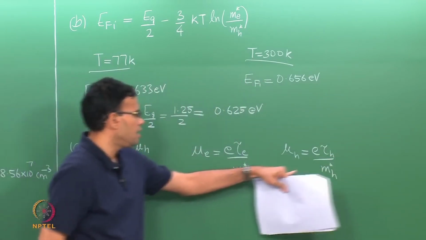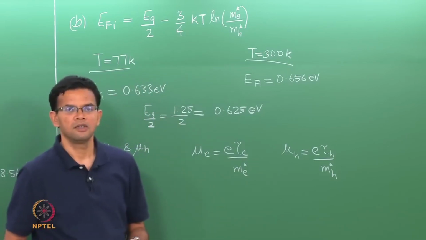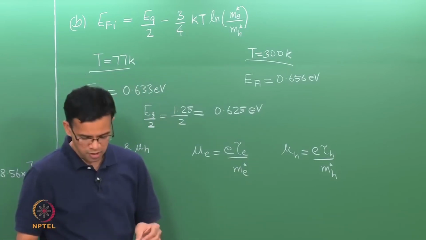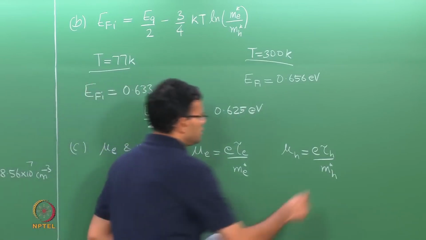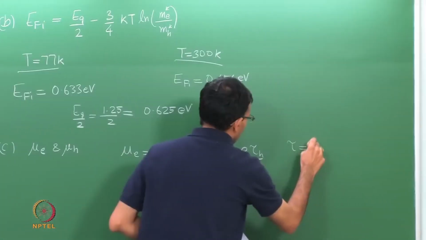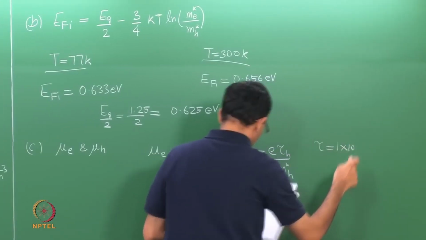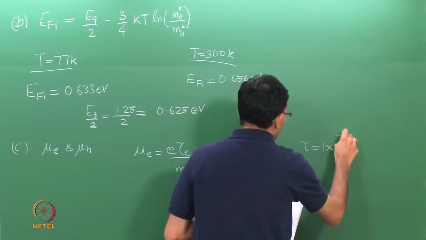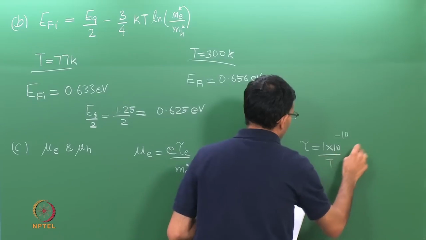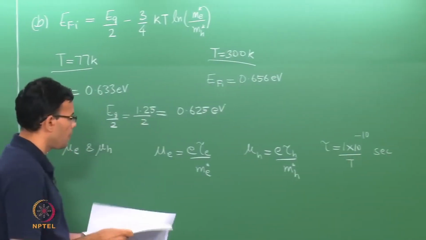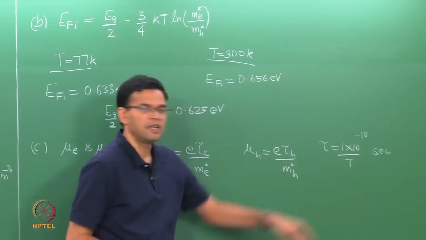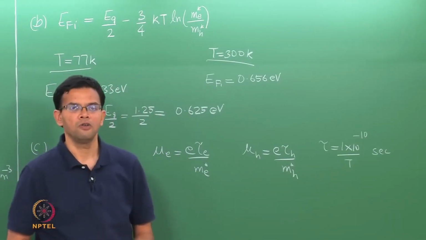So, Me star and Mh star are given, tau E and tau H are your scattering times, and you have said that tau is nothing but 1 times 10 to the minus 10 over temperature, and the unit is seconds. So, once again we can calculate the values of tau.